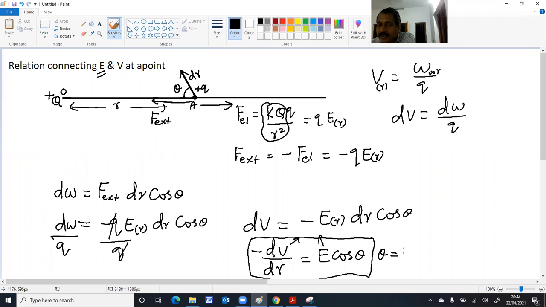If theta is 0, cos 0 becomes 1, and you get a special case relation, which she was asking about: E equal to minus dV by dr. This is also commonly used.